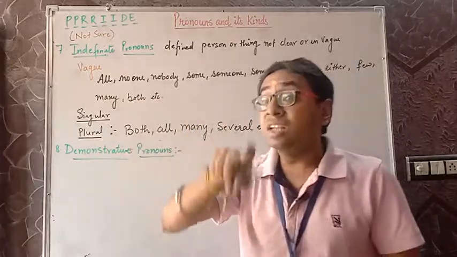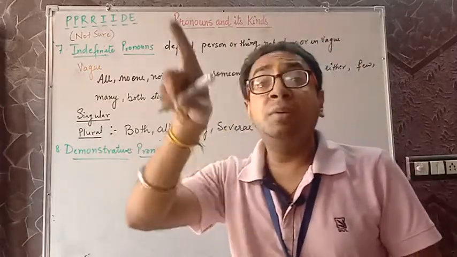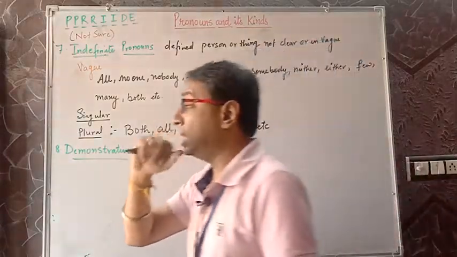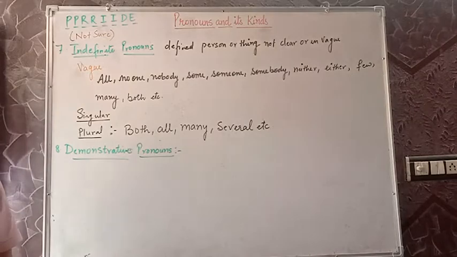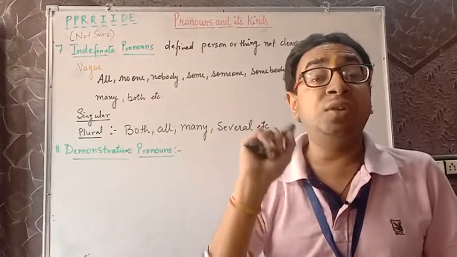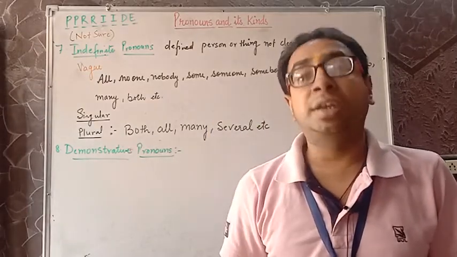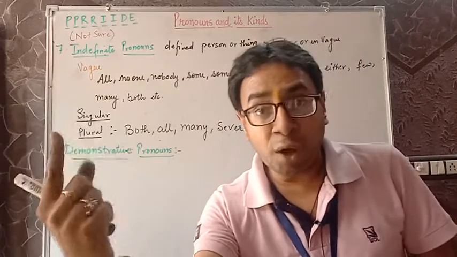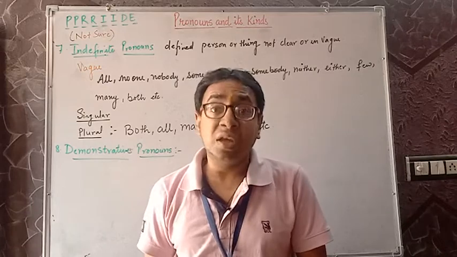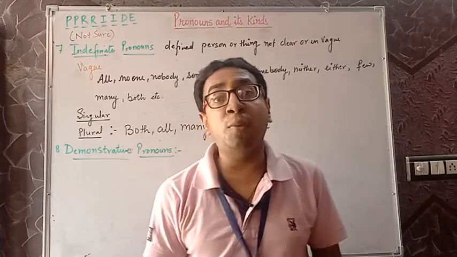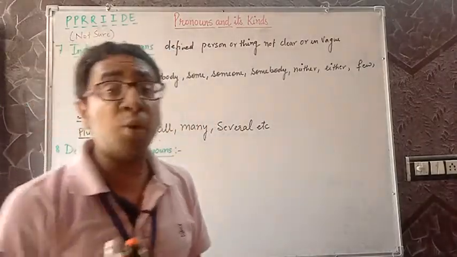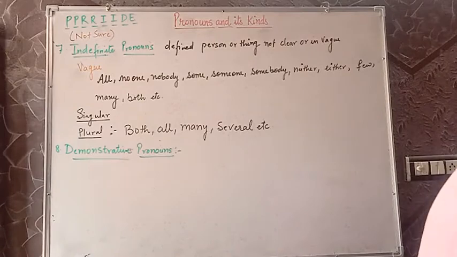If I take something like both of them play cricket, I have not used plays, I have used play, because both is plural, and with plural we always use the first form of the verb, not s or es.